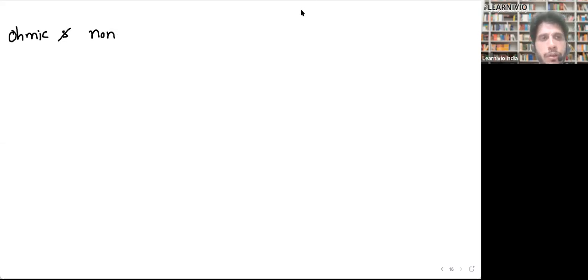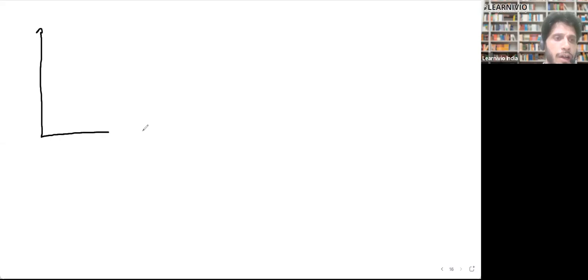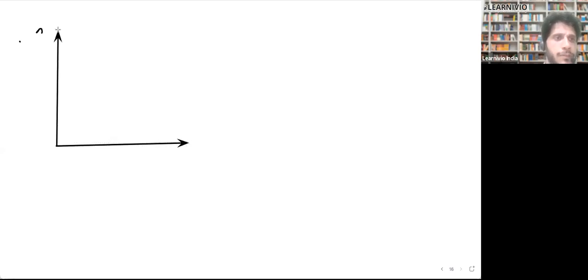Oh, just one more thing. If I draw this graph, V versus I graph, this is V and this is I. Say that graph is a straight line.